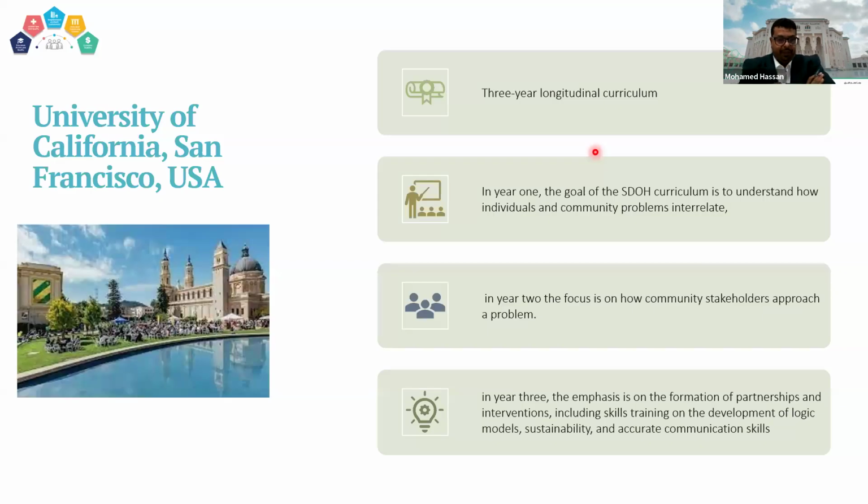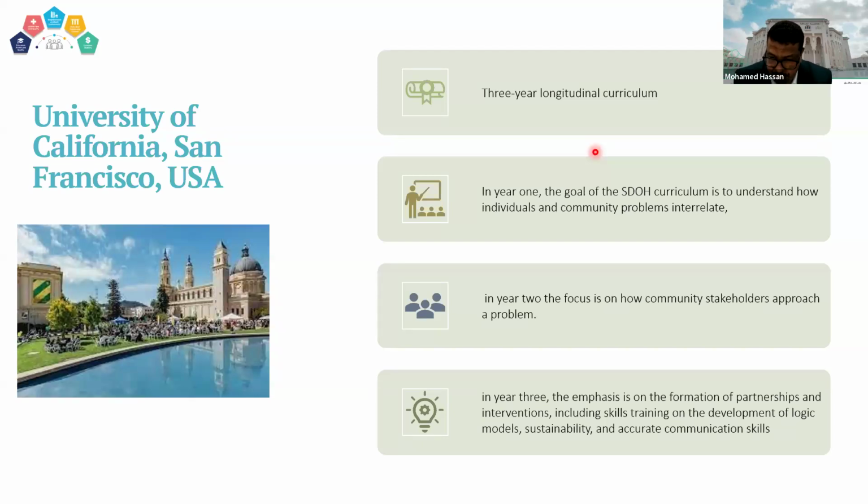One of the schools that adopt the integration of the social determinants of health from the United States is the University of California, San Francisco, and they are adopting a three-year longitudinal curriculum. In year one, the goal of the social determinants of health curriculum is to understand how individual and community problems are interrelated.